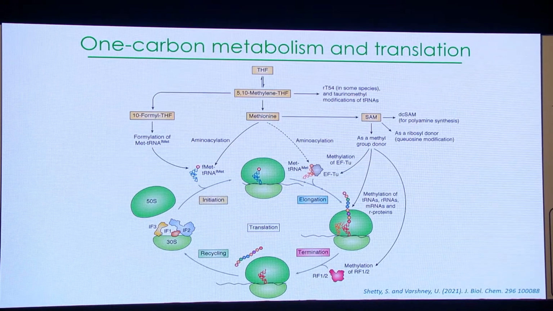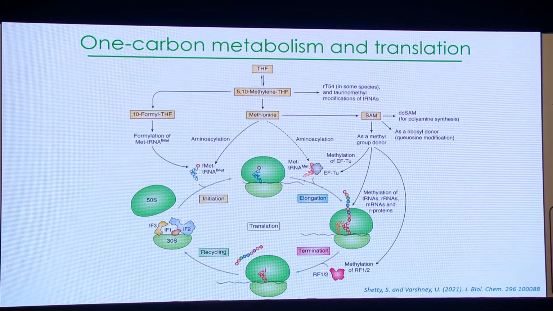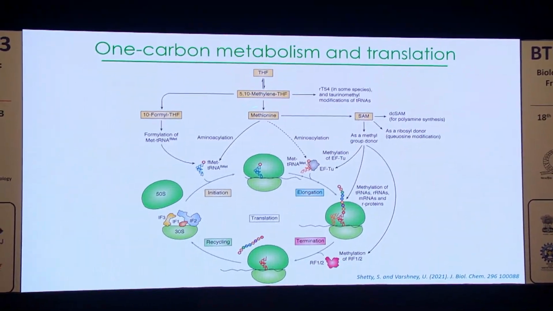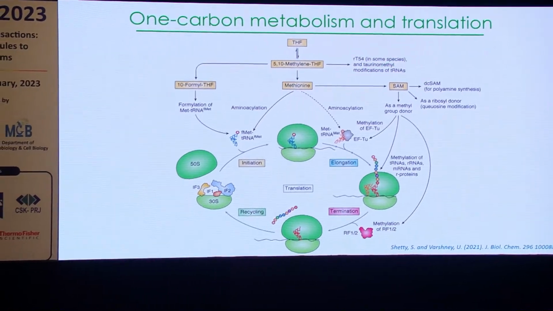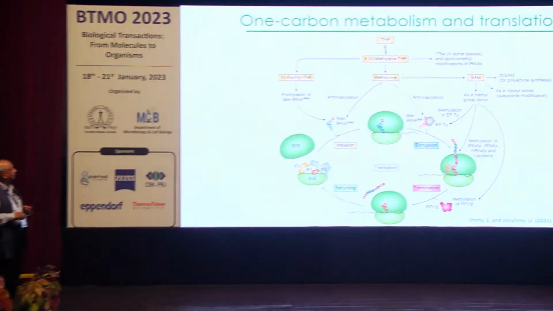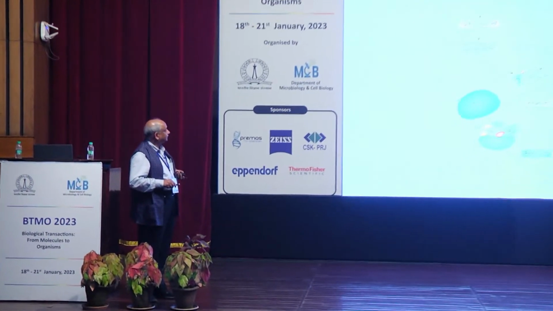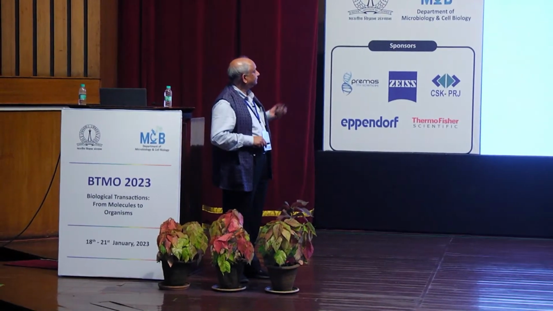The other thing, which I will not dwell on much, as has been talked about by Tom Suzuki this morning, is that the intermediates in 1-carbon metabolism will participate in tRNA modification. They are also important, of course, in modifying the elongation factors, the termination factors, and all of them really.